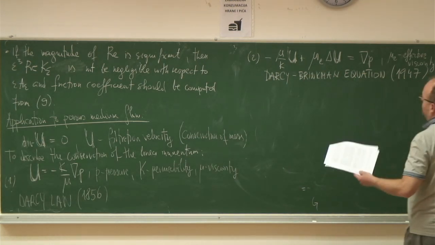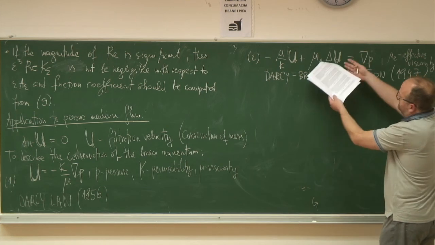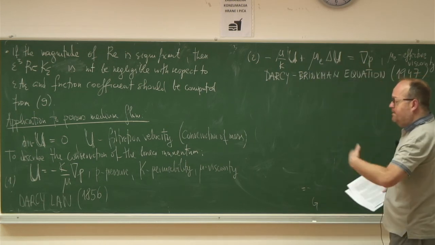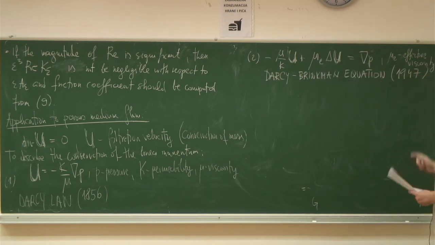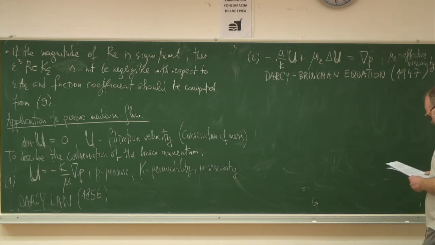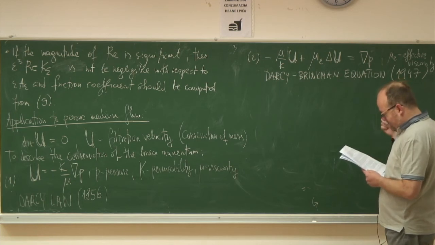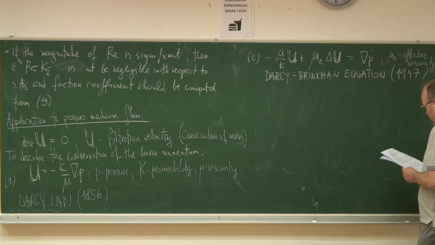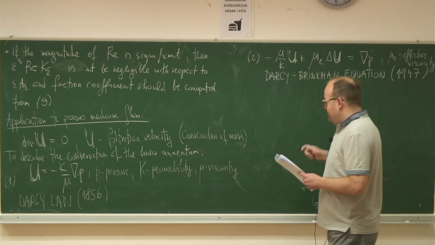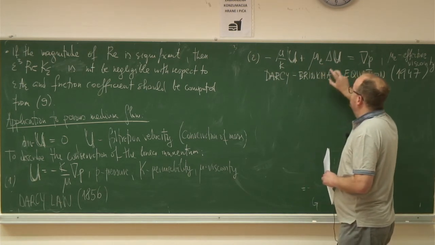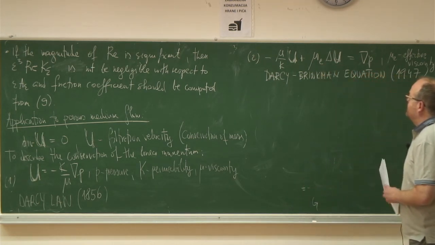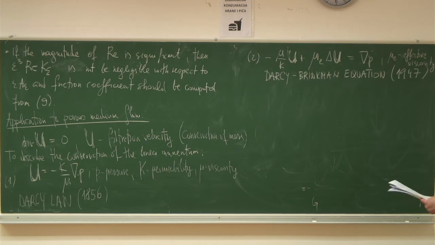And from the physical point of view also, because this is a second order equation, we can impose the no-slip boundary condition on the impermeable boundary of the considered domain. It turns out that in the case of a fluid saturated, sparsely packed porous medium, this Brinkman extension of the Darcy law is the most suitable one.